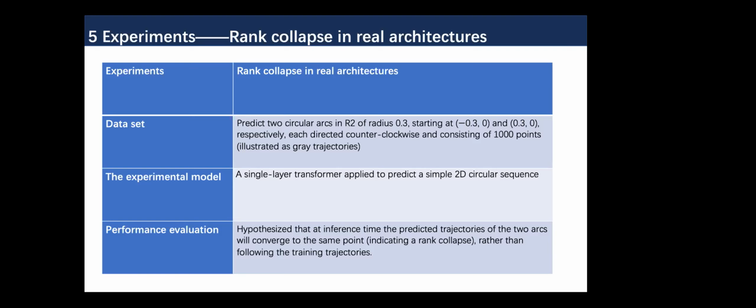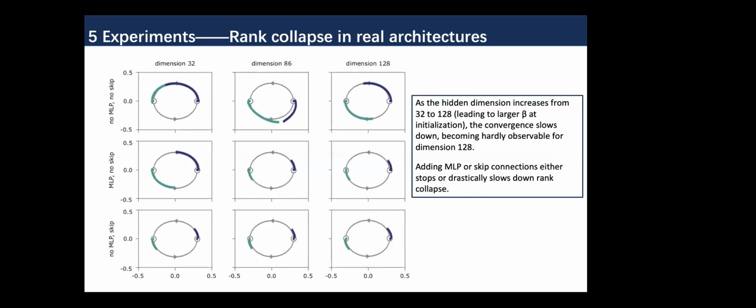The performance evaluation is a hypothesis that at inference time, the prediction trajectories of the two arcs will converge to the same point. If they converge to the same point, it indicates you will have a rank collapse rather than following the training trajectories. Like we see in the pictures here.